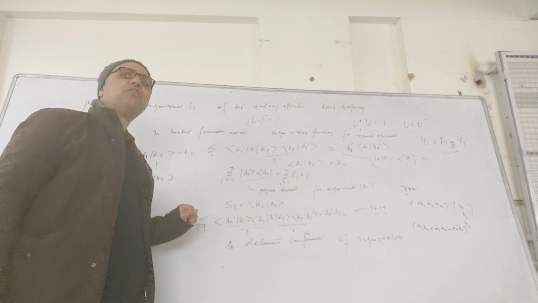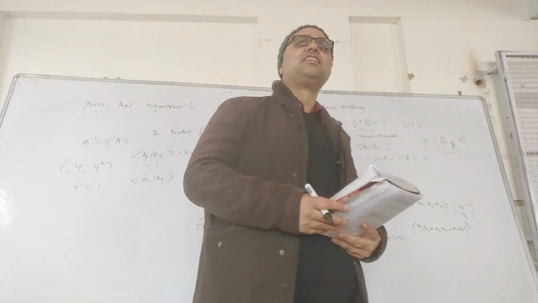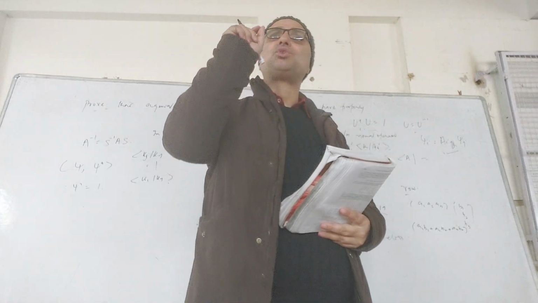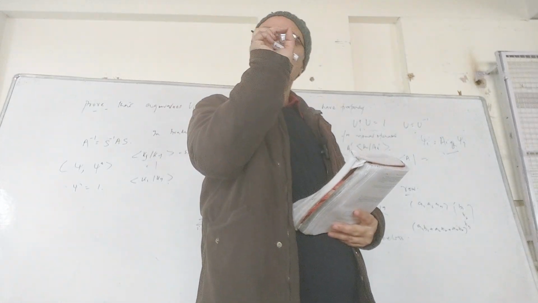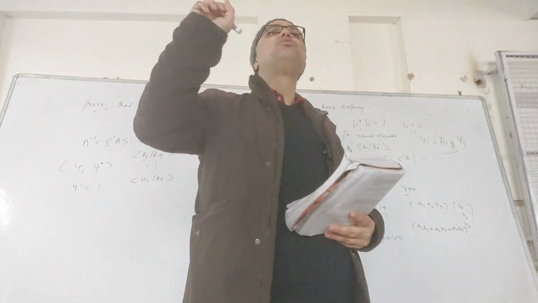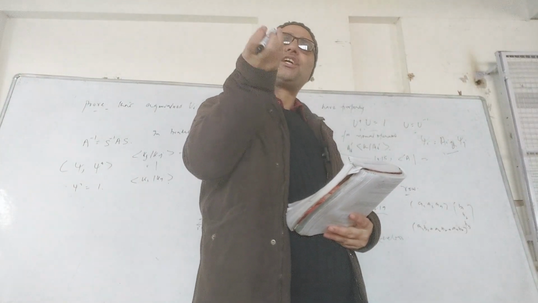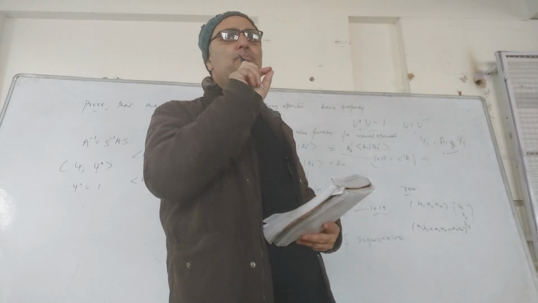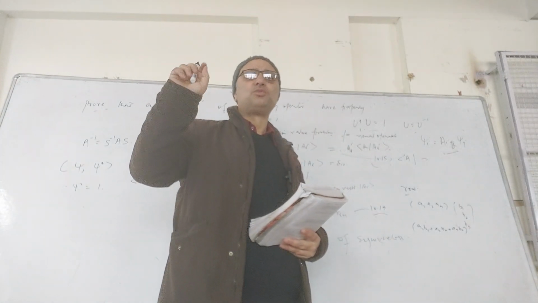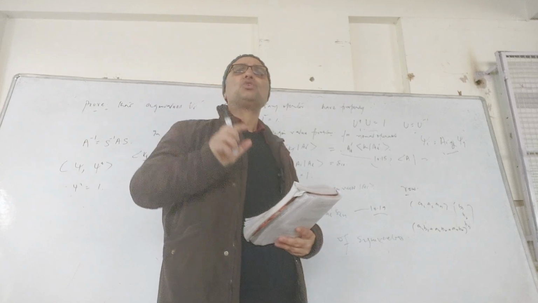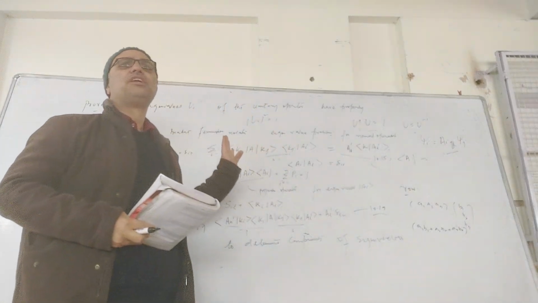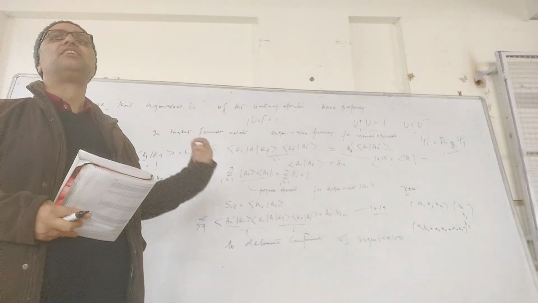Now I want to connect it to yesterday's class. What did we do in yesterday's class? We found at the end the solution of eigenvalues. How do we find eigenvalues, or how do we solve the eigenvalue problem? For a given eigenstate, it will map to a unique eigenvalue. So that amounts to solving a sort of matrix equation, the secular determinant.